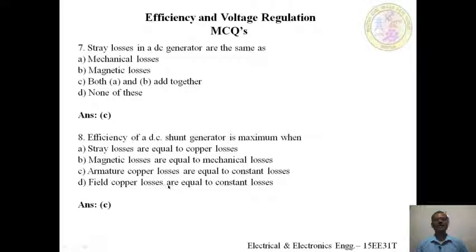You know that efficiency is maximum when variable loss equals constant loss. Armature copper loss is a variable loss. Questions will be asked like this just to confuse you. The answer is C.